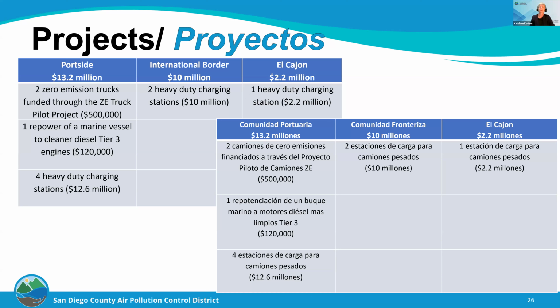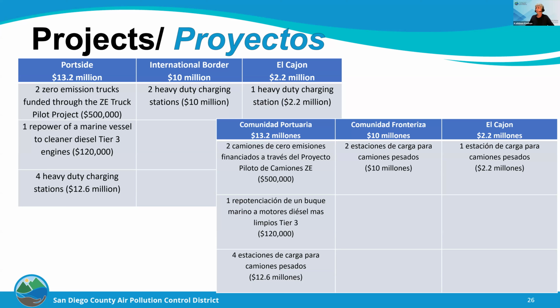We've heard from the business communities that it's vitally important that charging stations start to become available if we want to make that transition to zero emission trucks. We have one other project in El Cajon, which is also designated a disadvantaged community under the CalEnviroScreen criteria, for a heavy duty charging station there as well for about $2.2 million.